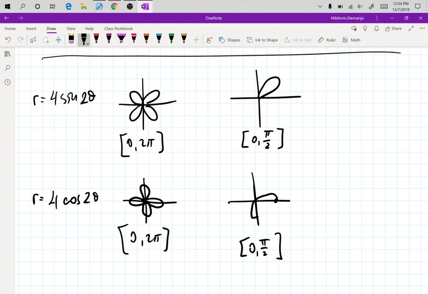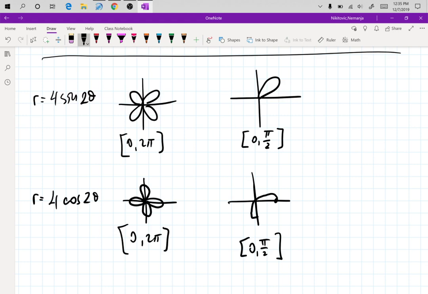So if you want to be a smart cookie and integrate to find the area of a single petal, messing with the limits, you have to break it up into 3 different limits. You have to do negative pi over 4 to pi over 4 for the cosine, and it's not easy.